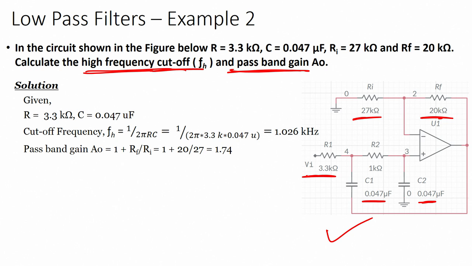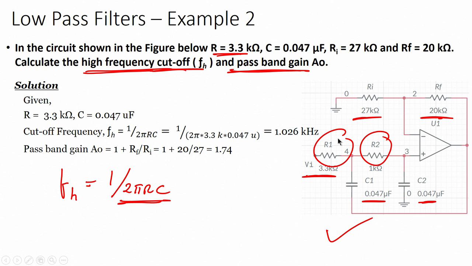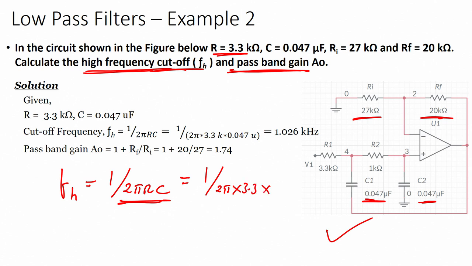Two things you are asked. One is to find the cutoff frequency. The cutoff frequency, or high cutoff frequency, can also be denoted by FH, equals 1 upon 2 pi RC. I have all the values, because R is given, which is 3.3 kilo ohm, and the capacitor C is given, 0.047 microfarad. Substituting, I have 1 upon 2 pi times 3.3 kilo ohm times 0.047 microfarad.